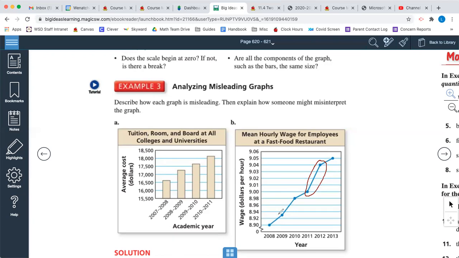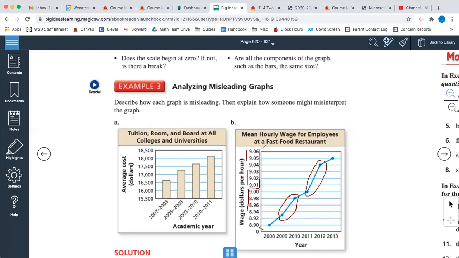But if you notice right here, we actually went from 893 to 898 from 2008 to 2009. And the reason why the jump in 2011 to 2012 looks bigger is because between $8.90 and $9, we're going up by 2. But then once you go from $9 on up, it goes up by 1. So the left side of the graph, the y-axis, is just incorrectly scaled.